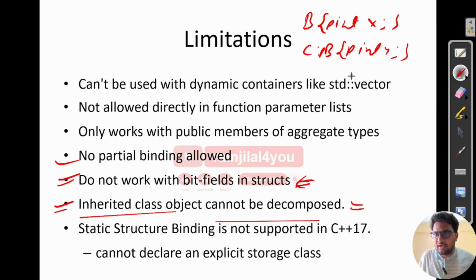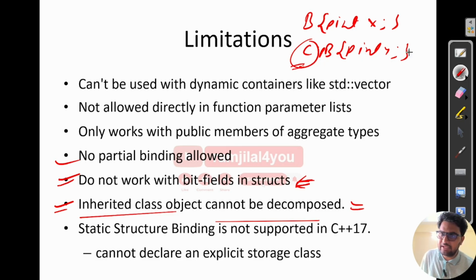Now here we cannot use the object of C with structured binding. Why? Because now this object of C becomes non-aggregate. So in this case we cannot use structured binding.